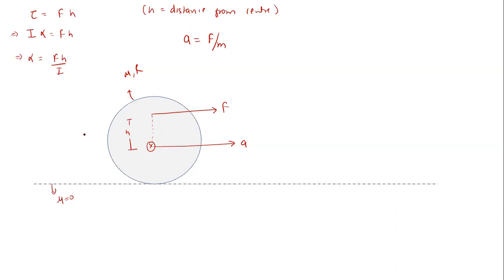In this case, even though there is no friction, if we apply an external force, it will roll the body. h is the distance of the force from the center of mass of the body, so we will find the torque about the center when we apply the external force.